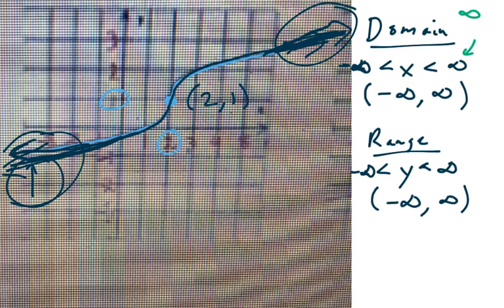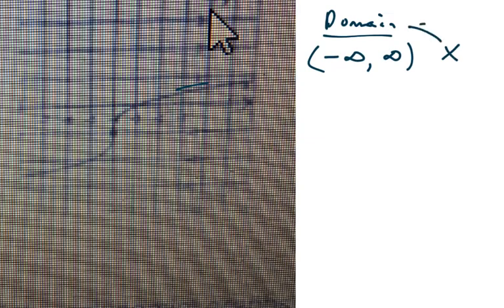Now, I was given 2 more graphs on this, guys, and we're just going to do domain and range for those 2 right now. Here we go. So, this one, to save time, do you agree? It's a similar curve, so we would just simply say the domain, which is x, is from negative infinity to positive infinity. Remember, this is your x. Domain is your x values. Range is your y values.